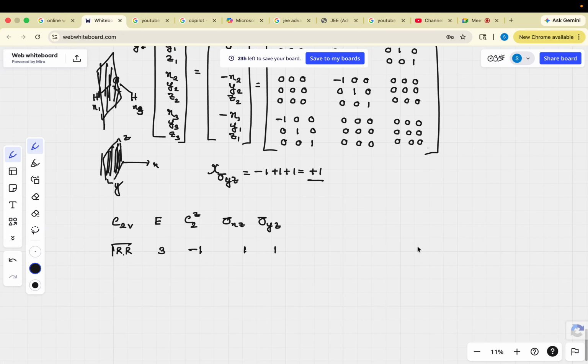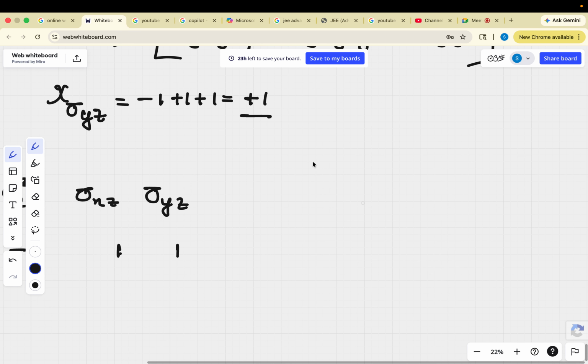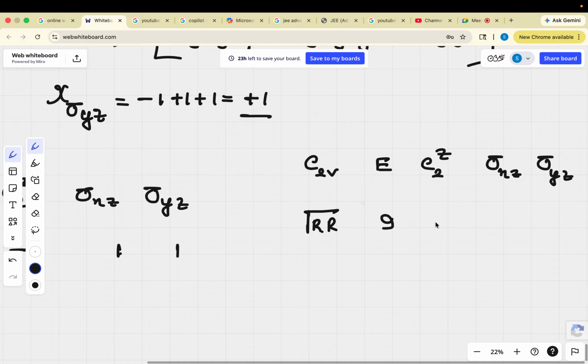So for 3n coordinate system, the reducible representation table is now becoming 9, minus 1, 3, 1.